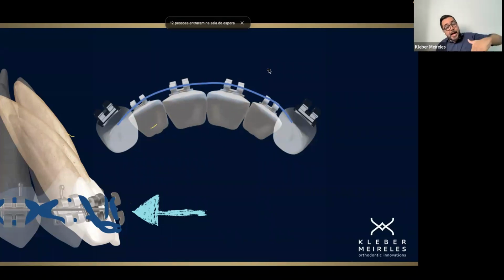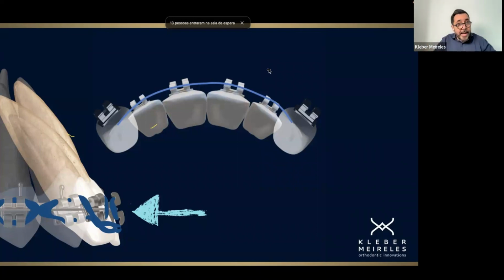You have just a root movement, not a crown movement. Of course, we have to consider if we can or cannot do that based on the availability of bone buccal to the roots of anterior teeth, of course. I assume that you already know that.